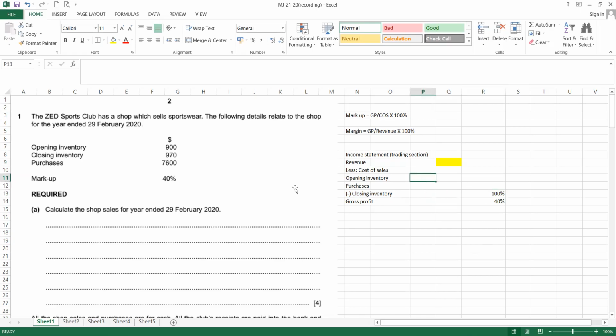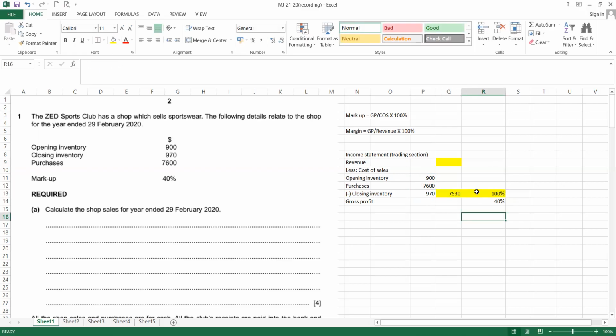So we put in the cost of sales information, opening 900, purchases is 7,600, and then closing 970. The formula for the cost of sales is opening plus purchases minus closing inventory. So we have this one pair.